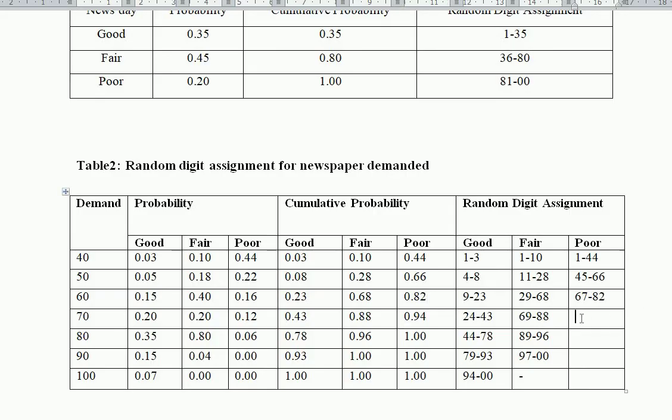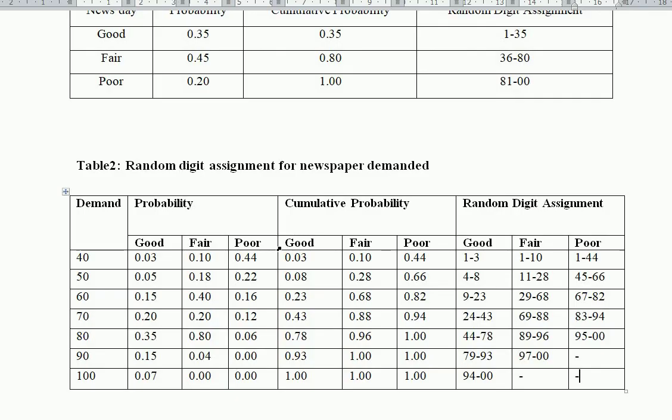Again, the next range is from 83 to 94. Again, the next range is from 95 to 00. Again, we don't have any value for the remaining ones.